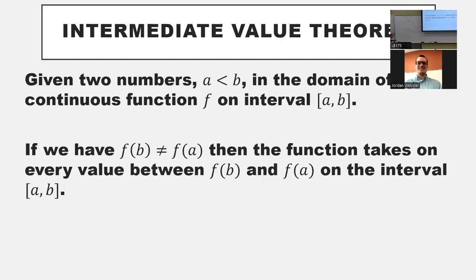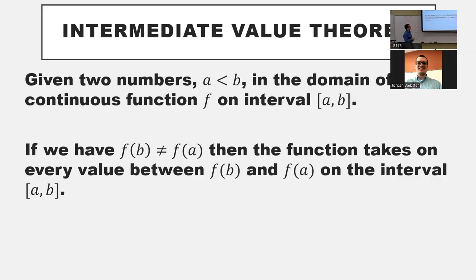So this is the intermediate value theorem, written a little bit formally. I'm writing it informally on the board, saying that it has to cross any horizontal line that you draw between f of A and f of B. But this is the formal version.